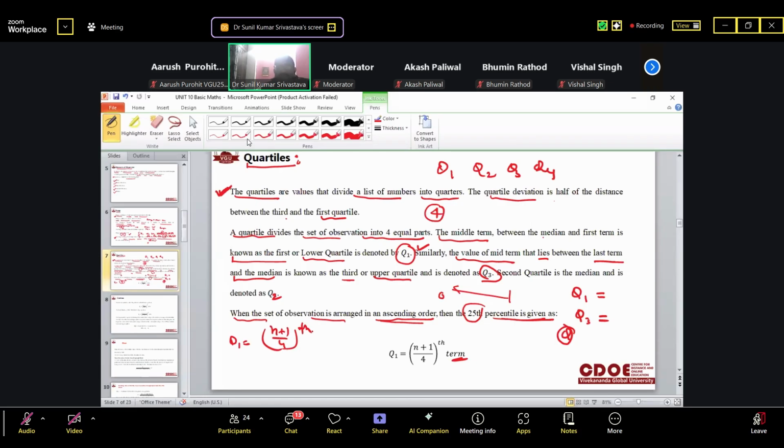What is the meaning of Q1? We arrange the data in ascending order, and then the 25th percentile is given by the (n plus 1) by 4th term, and that gives us the value of the quartile Q1. Q1 is the middle term that lies between the median and the first term.